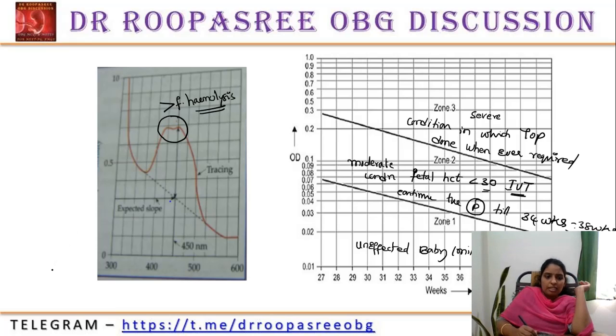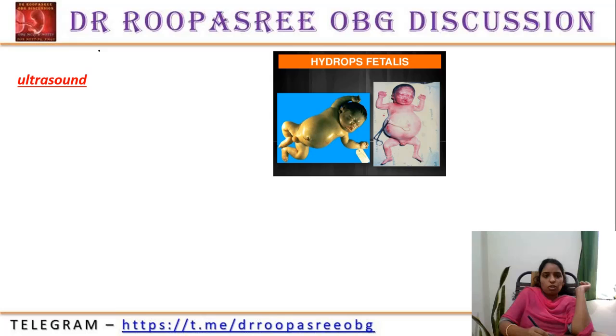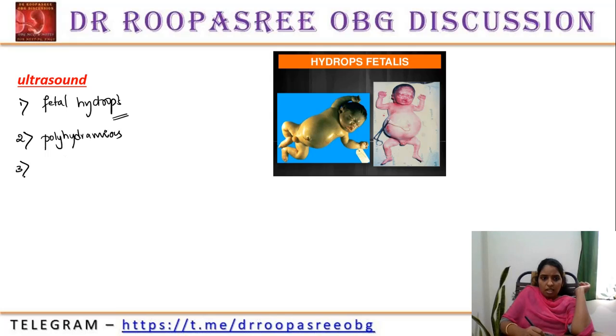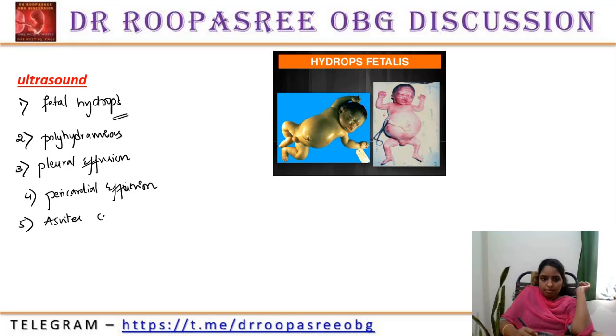Okay, next. Ultrasound. See the fetal hydrops. This is a condition. In ultrasound, first we'll observe fetal hydrops condition. There may be polyhydramnios, pleural effusion, pericardial effusion, there may be ascites collection.